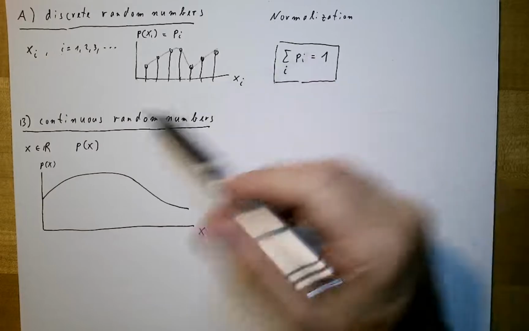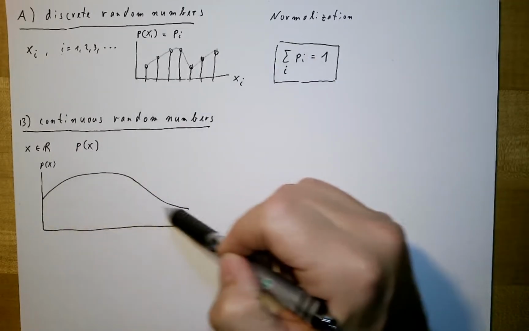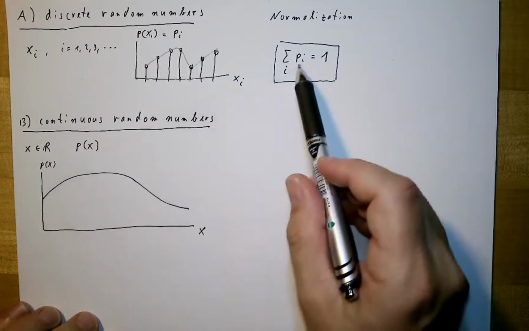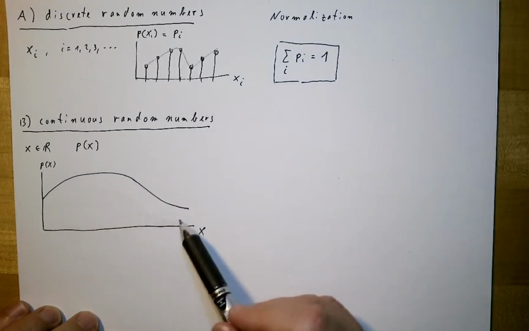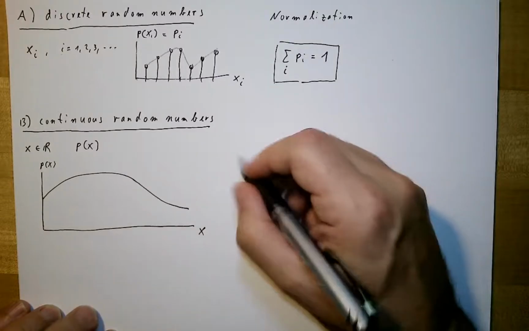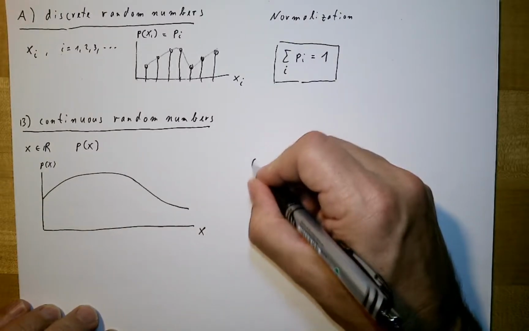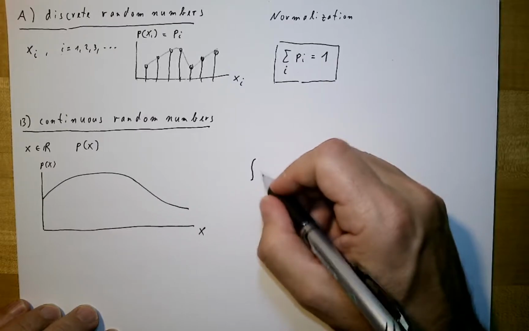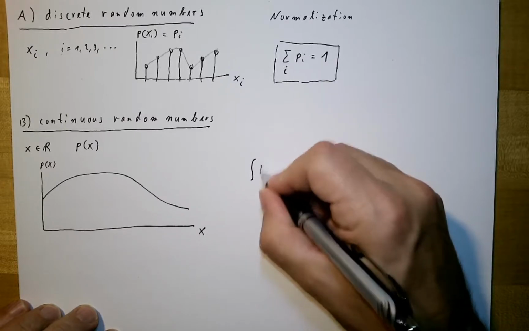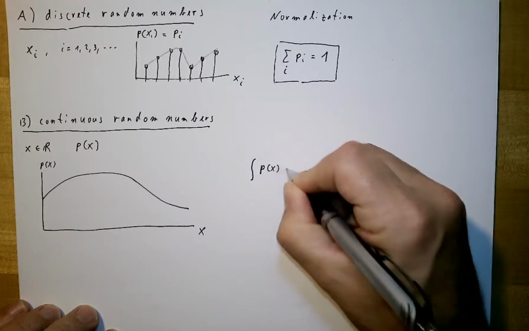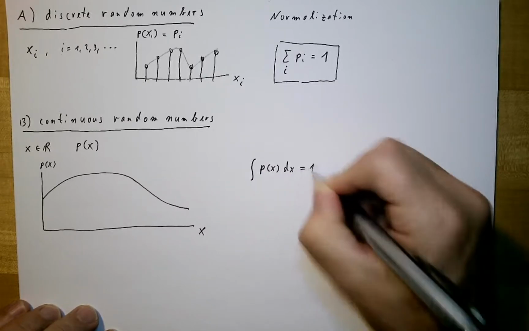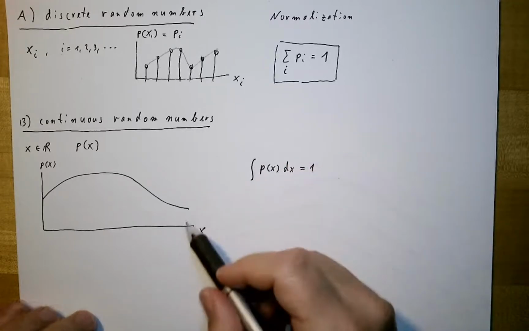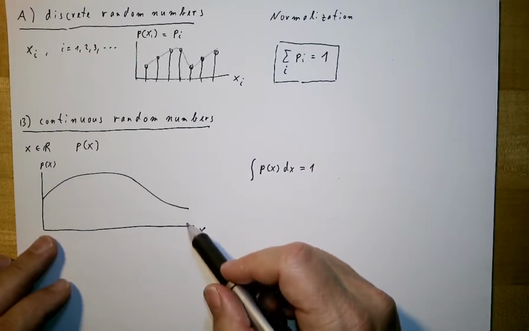So how can we normalize such a function in the continuous case? It should be clear that this sum goes over to an integral. So let's directly write down this integral. In the continuous case, we have an integral of our function p of x dx, which should be 1, and we integrate over the interval in which x is defined.